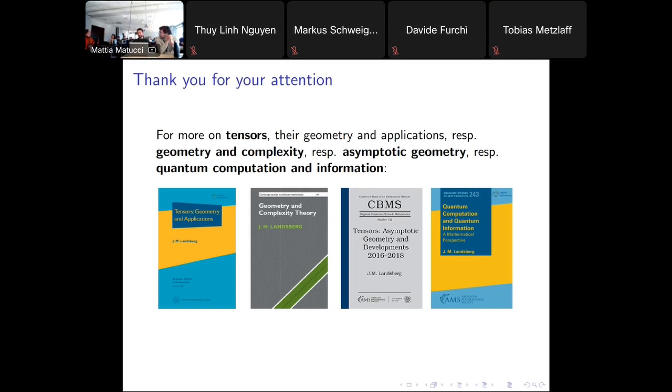So, question. I have a more general question. So, these tensors, finding these better tensors just shows that the omega constant is lower, right? No, we have not shown that. We hope to show that.